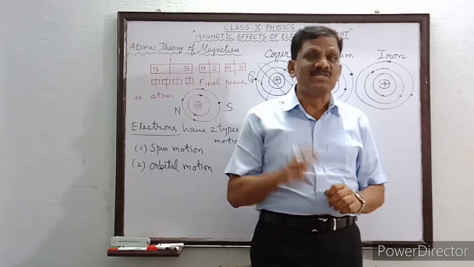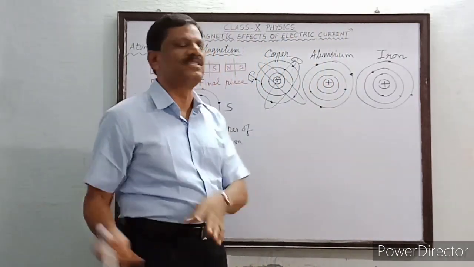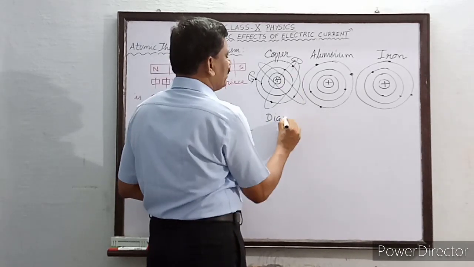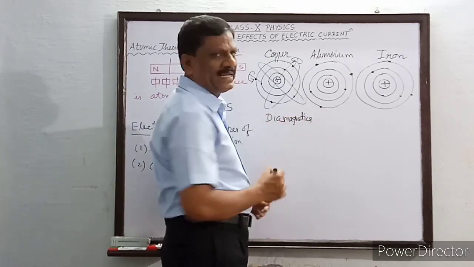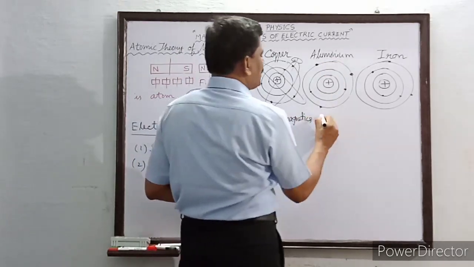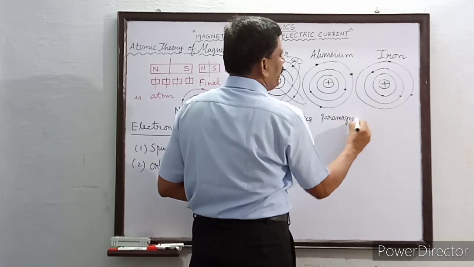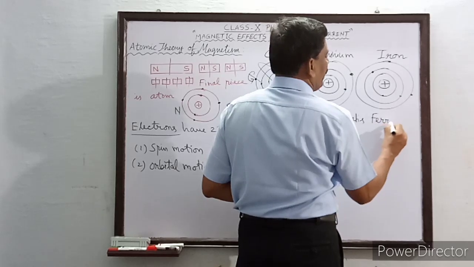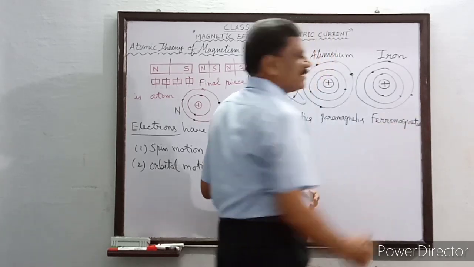That is why there are different types of magnetic substances you are going to study in higher studies. This type of substances are called diamagnetic substances or diamagnetics, this type are called paramagnetic substances or paramagnetics, and this type are called ferromagnetic substances or ferromagnetics.